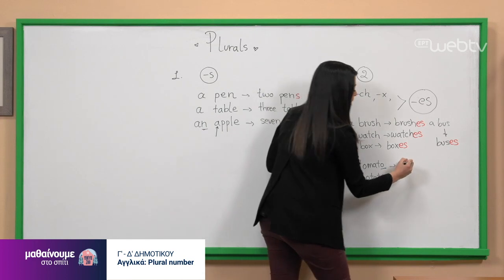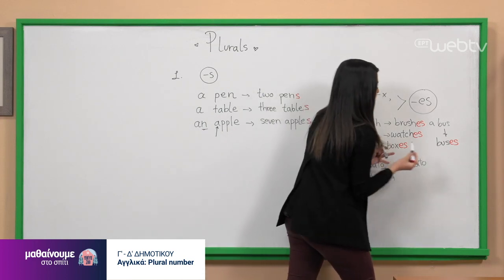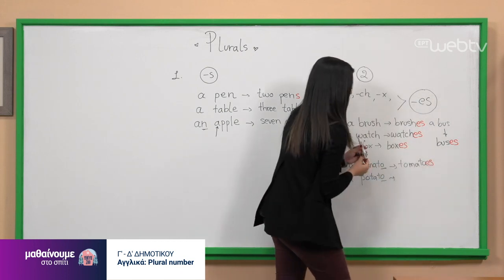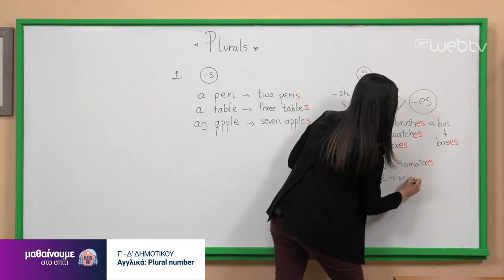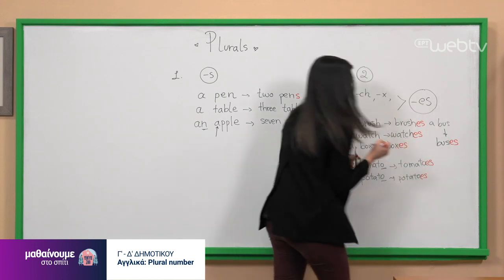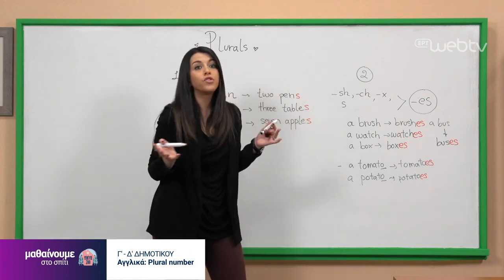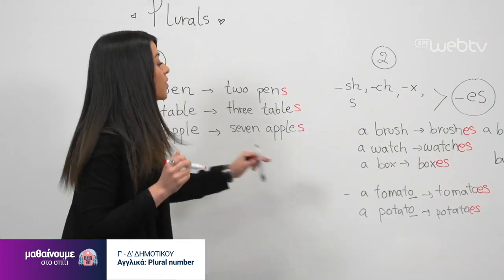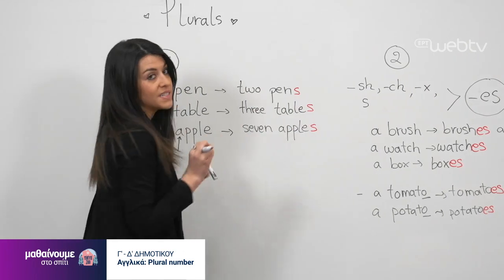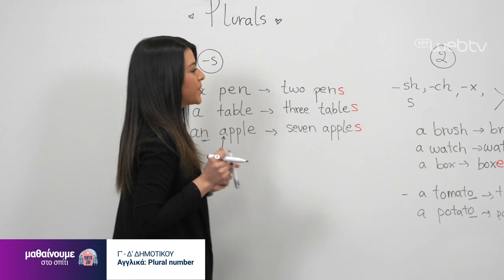They become tomatoes with ES again, and potatoes with ES. So, αυτά έχουν και κάποιες εξαιρέσεις όπως το πιάνο or το φώτο που παίρνουν απλά S. Okay? I'm not going to write them here. Απλά να θυμηθείτε αυτά τα βασικά. And there are other rules, of course, and many exceptions, but that's okay for now.